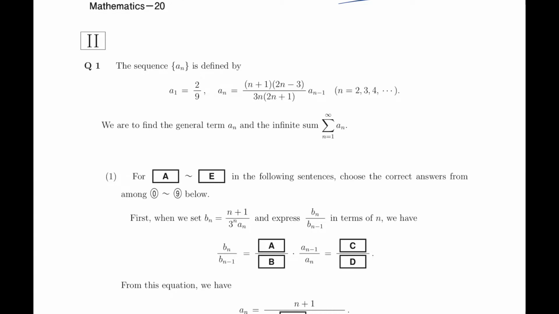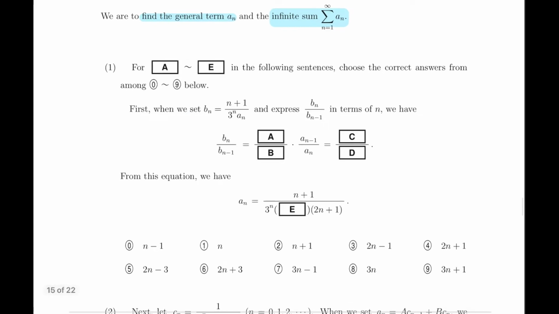The objective of this question is to find the general term an, and the infinite sum from n equals 1 to infinity of an.